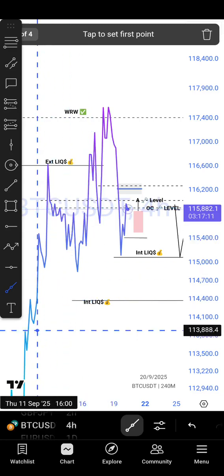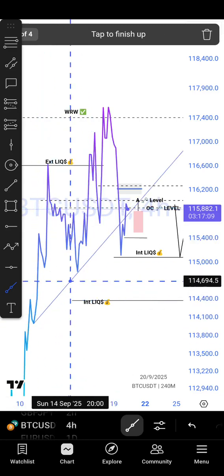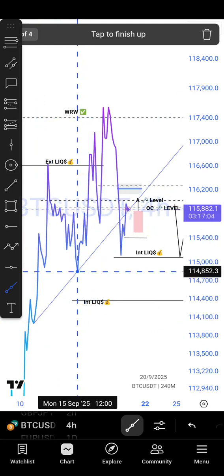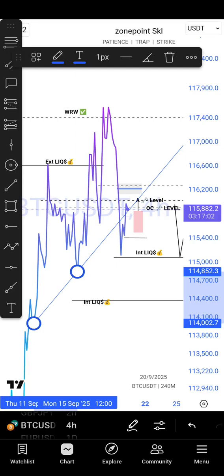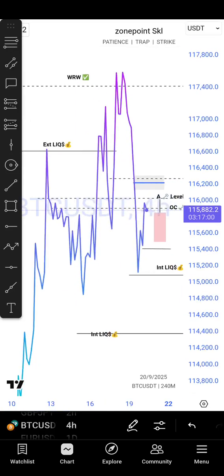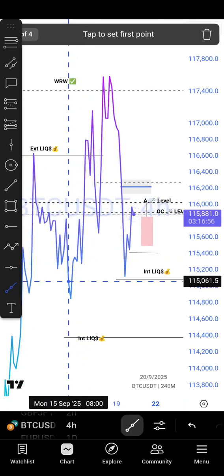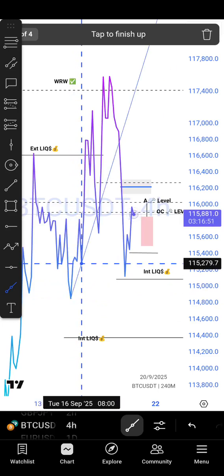We have this obvious level here and this level here. Okay, no, let's not use those two levels. Let's use this and this.